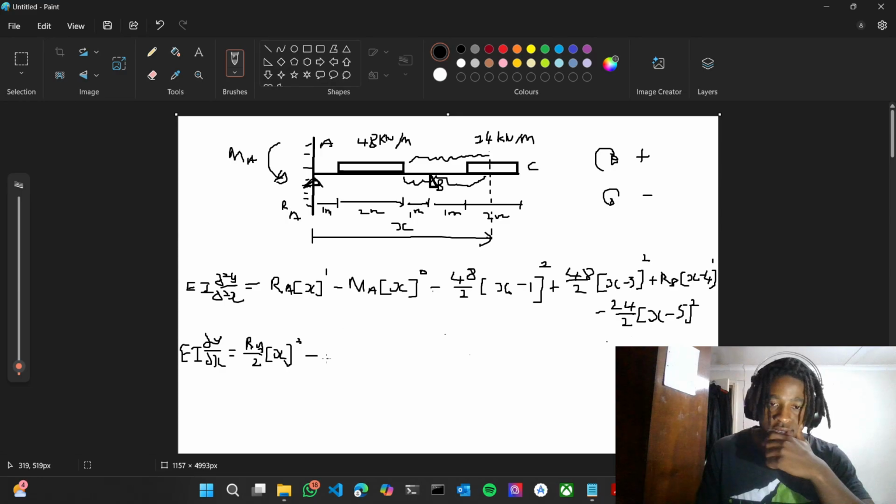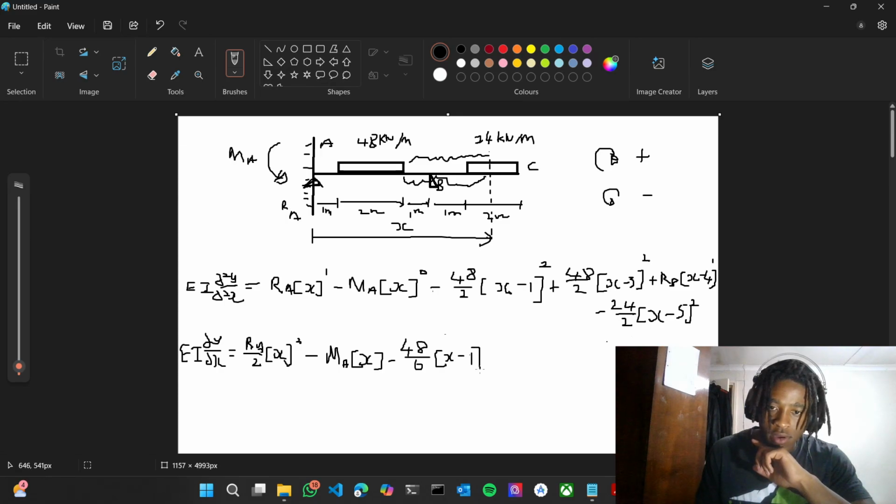If you integrate this, it just becomes x to the power of 1. Then this one here will integrate to 3, and you multiply by the denominator, it's going to give you 6, x minus 1 to the 3, plus 48 over 2.